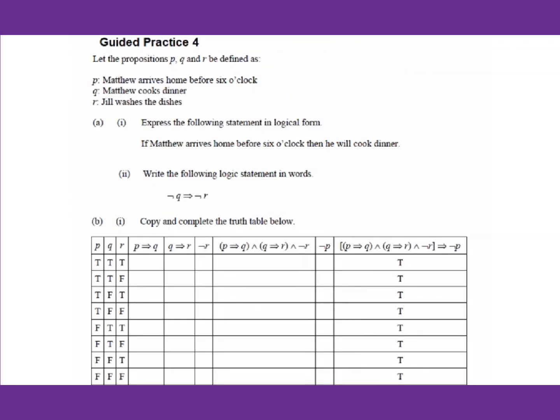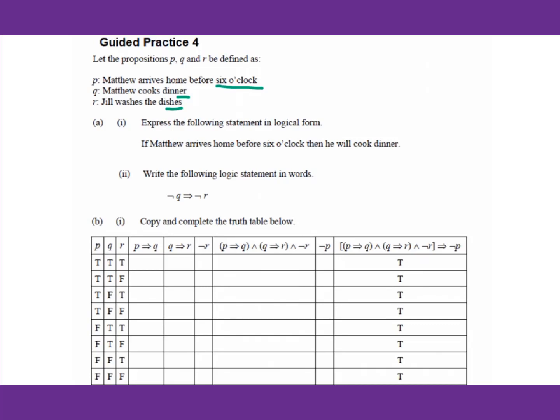Guided practice 4. Let propositions P, Q, and R be defined as P: Matthew arrives home before 6 o'clock. Q: Matthew cooks dinner. R: Jill washes the dishes. For A, express the following statement in logical form.